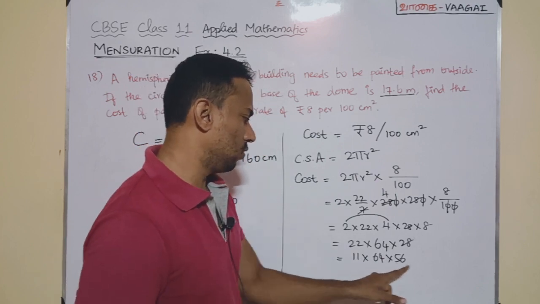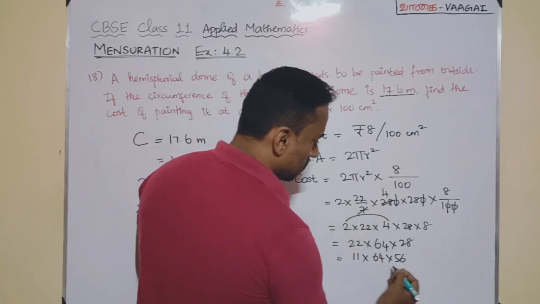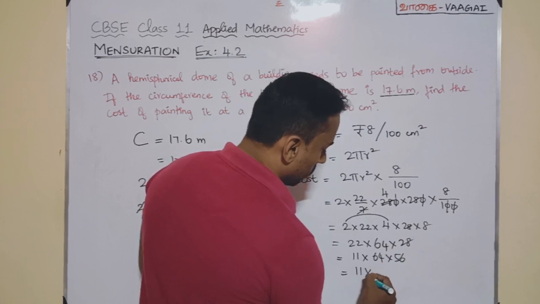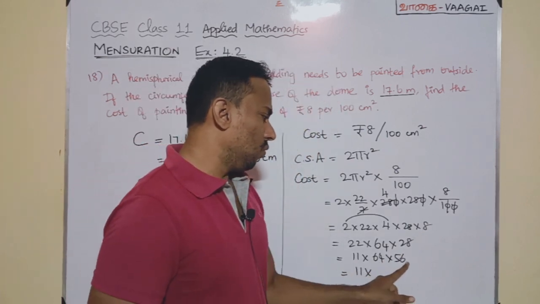So 11 into 64 into 56. The reason I did this is that it is now easy to calculate.